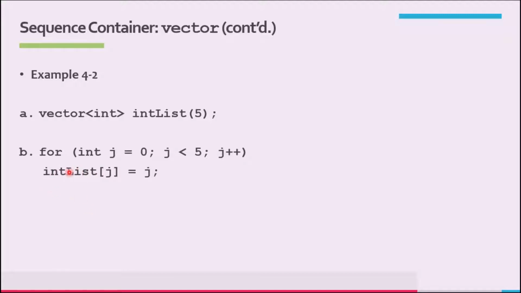Something like for (int j = 0; j < 5; j++), and we are putting the value of j into intList starting with 0. Similarly, you can use a for loop to output the elements of intList.